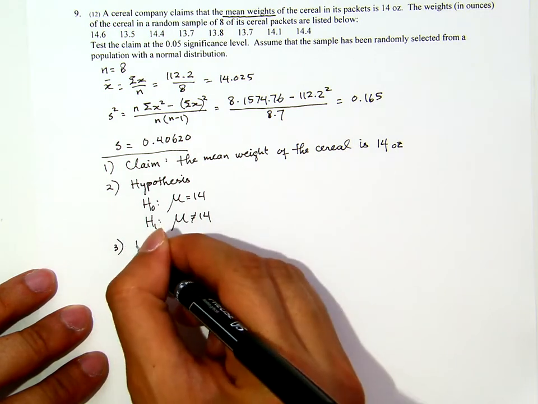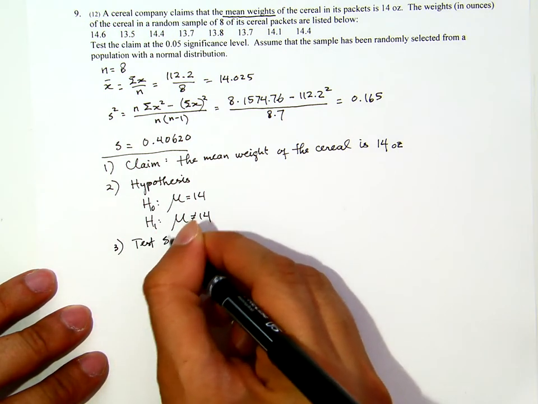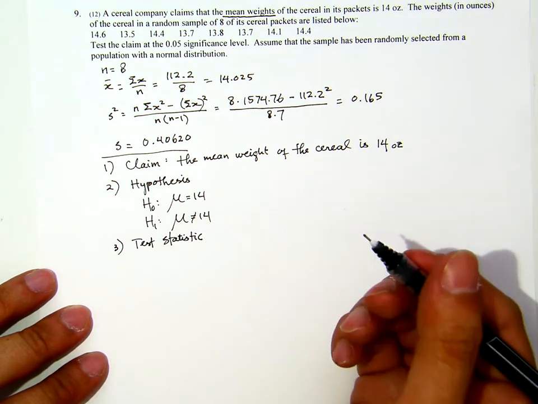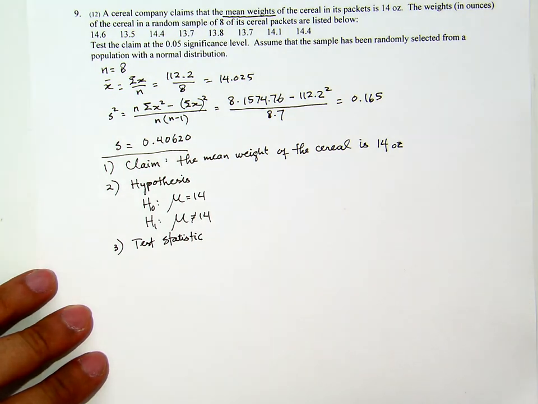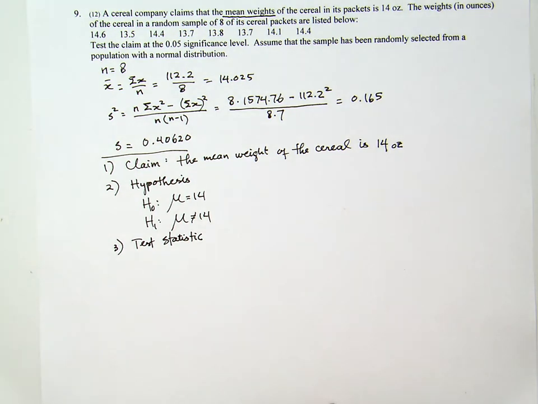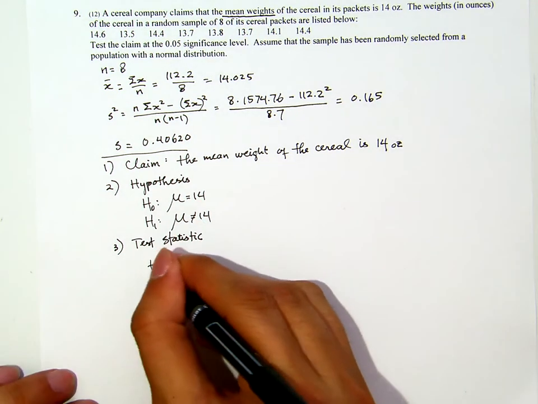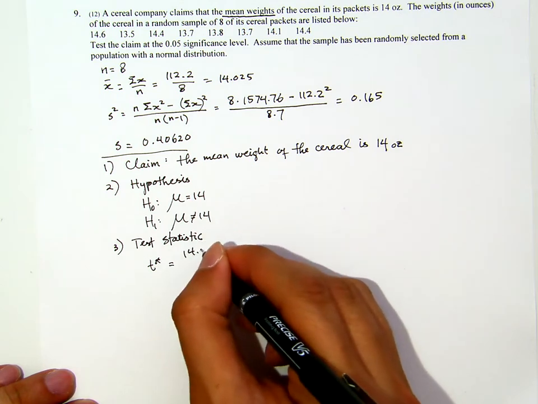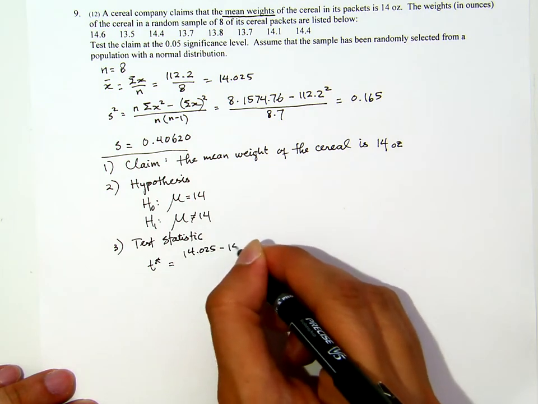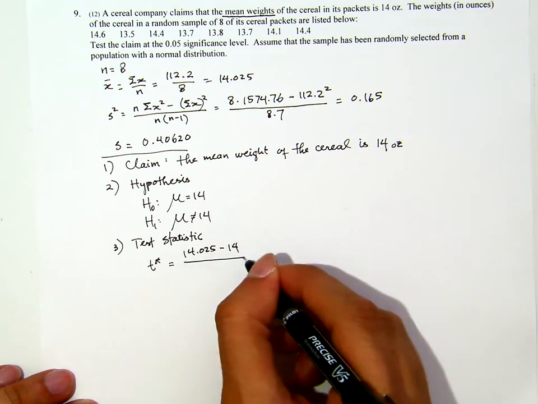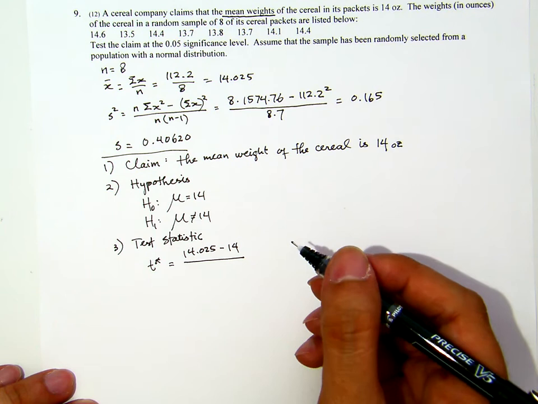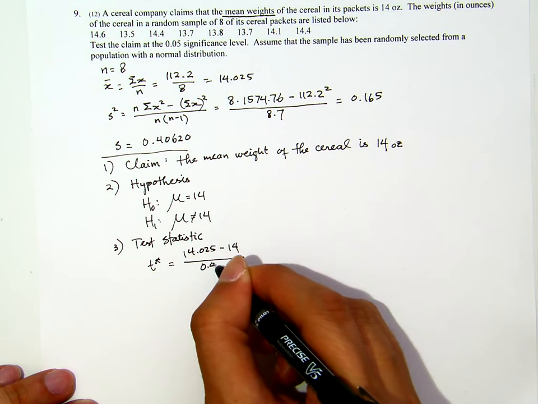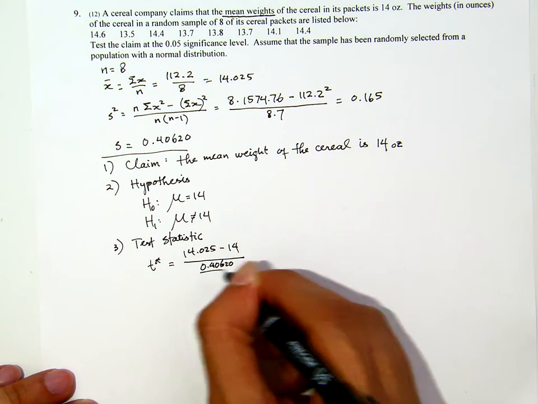Okay, step 3, the test statistic. We don't have the population standard deviation, so we will use a t distribution. The t star equals the sample mean 14.025 minus the claim mean, big over the standard deviation 0.40620 over square root of 8.